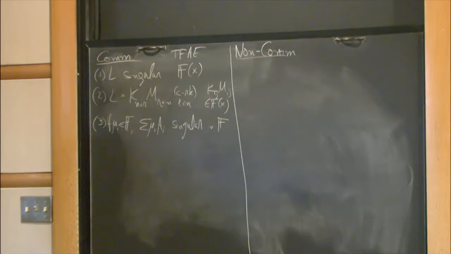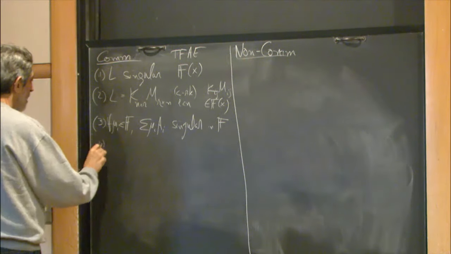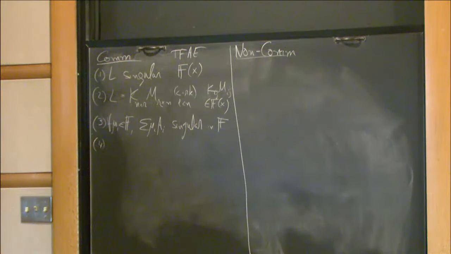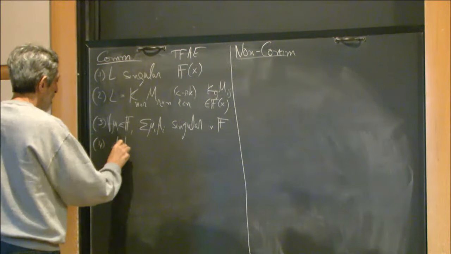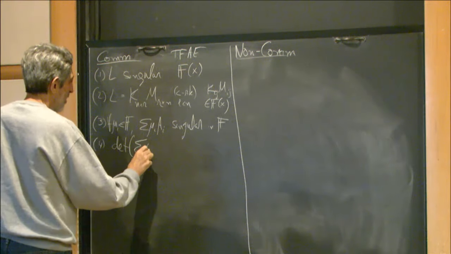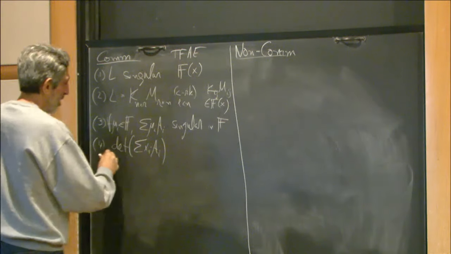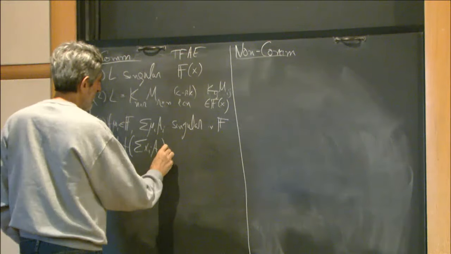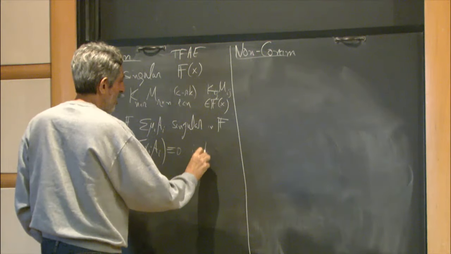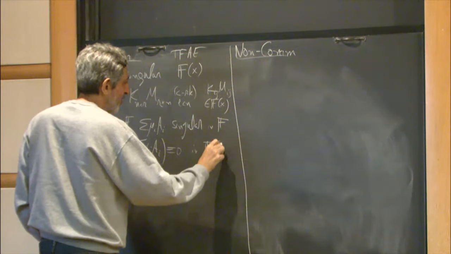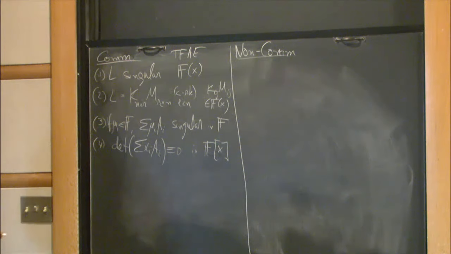And finally, that symbolically, the determinant of this symbolic matrix, as a polynomial, vanishes. The determinant of the sum of x_i A_i as a symbolic matrix is identically 0 as a polynomial in the ring of polynomials over this field.